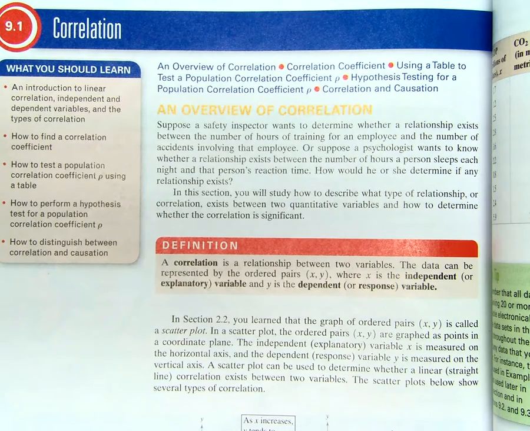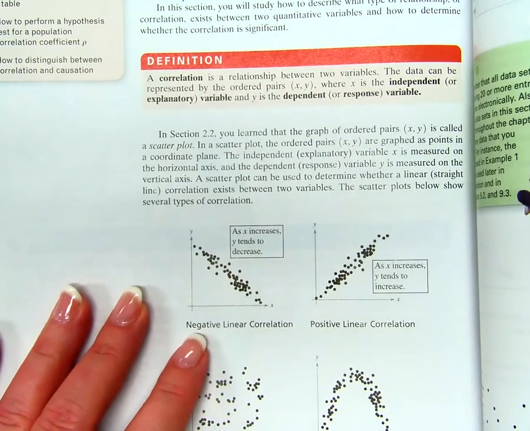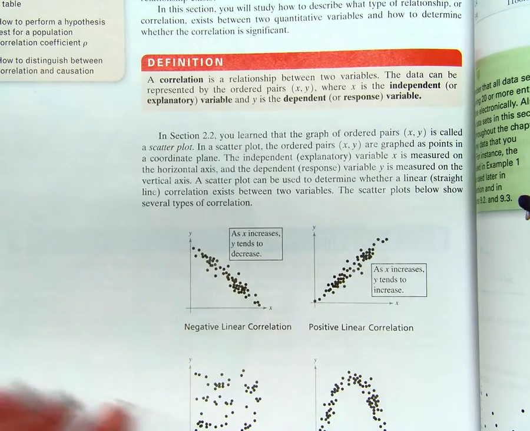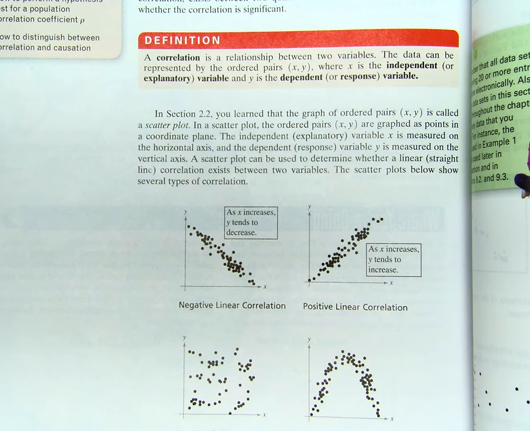Kind of makes sense though, doesn't it? So we learned that graphing ordered pairs is called a scatter plot, like these down here. The independent variable is measured on the horizontal axis and the dependent variable is measured on the vertical axis, or the y-axis. A scatter plot can be used to determine whether a linear correlation exists between two variables.